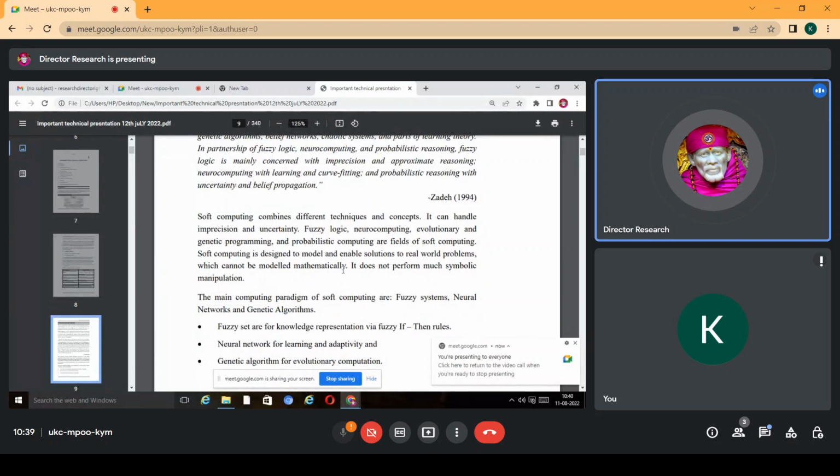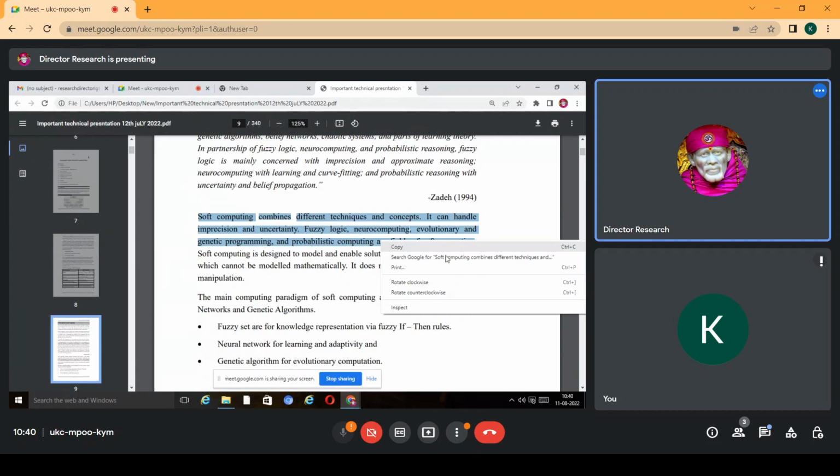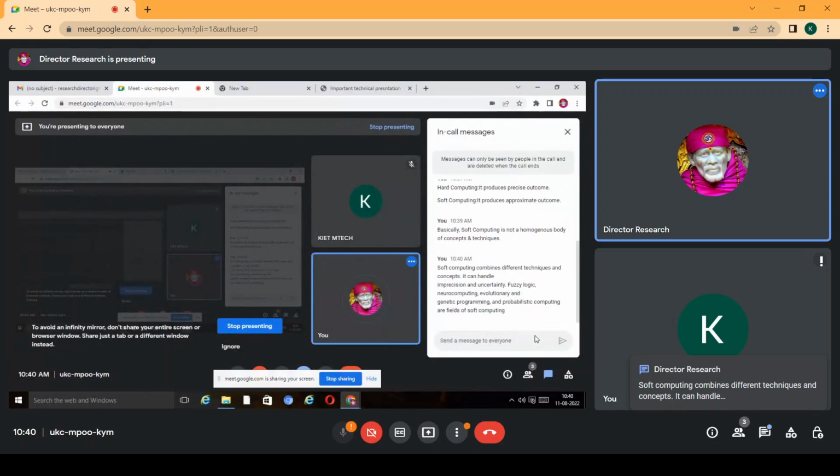It can handle imprecision, uncertainty, fuzzy computing, and genetic programming in the fields of soft computing. This is a very important concept.